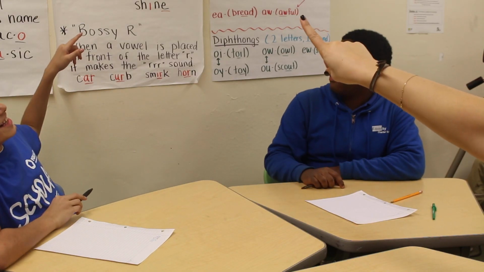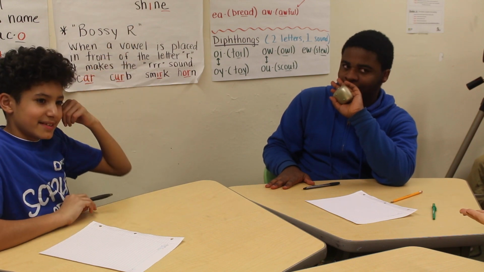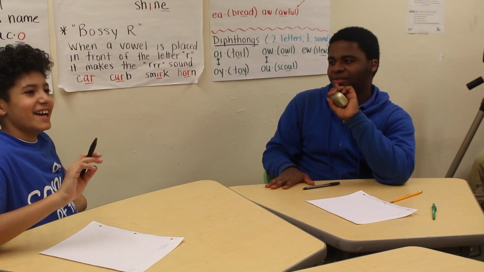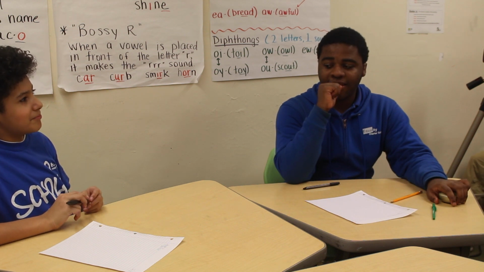What's magic E? That's our next syllable type. So when the E is at the end of the word, the vowel says its name. Let's do the first one. A is going to say its name. Ate. What is something that you ate today? I ate Pringles.